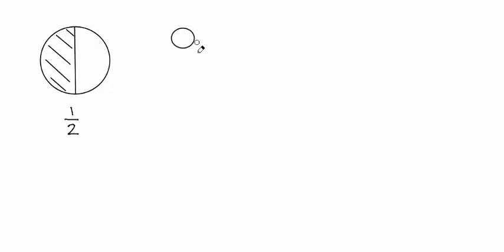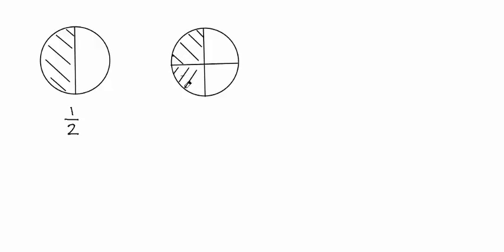Imagine on another day, you have another pizza of the same size that has already been cut into 4 equal pieces. If you want to eat the same amount as the previous day, that is 1/2 of the whole, you're going to eat all of this.